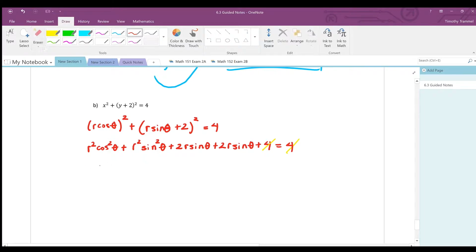Why don't we try and factor out an r squared? And then you can tell me if you think that looks helpful or not. What's in the parentheses here is equal to 1. So this just becomes r squared plus 4r sine of theta is equal to 0.